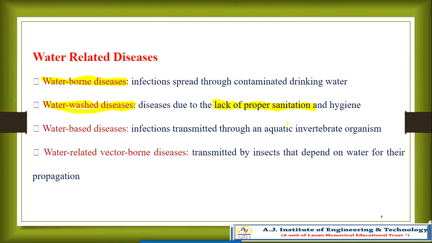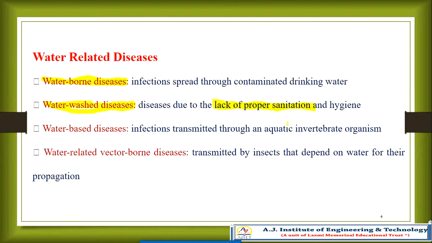If microorganisms are there, that contaminated water can travel to the body, so it is a waterborne disease because we are drinking that water.